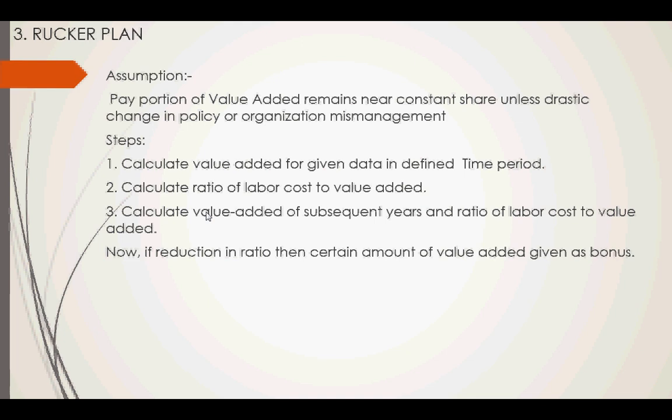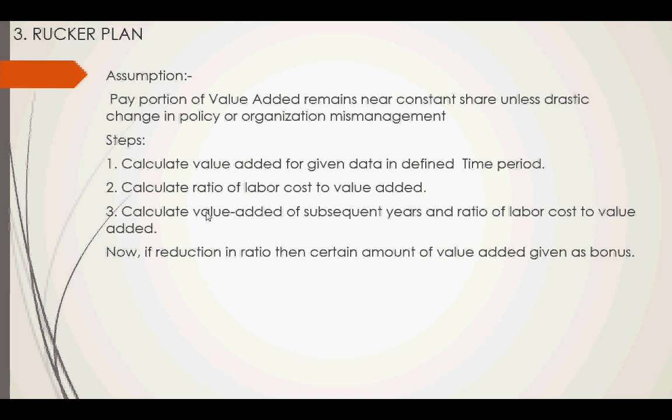Number 1, first step, calculate value added for the given data in a defined time period, within the time frame. So we are going to calculate what was the value that has been added by the performance of the group.